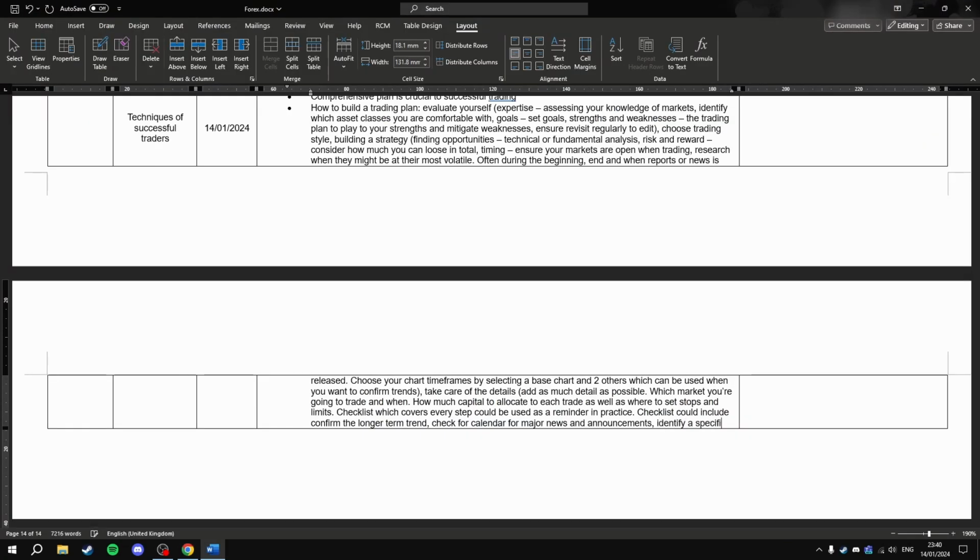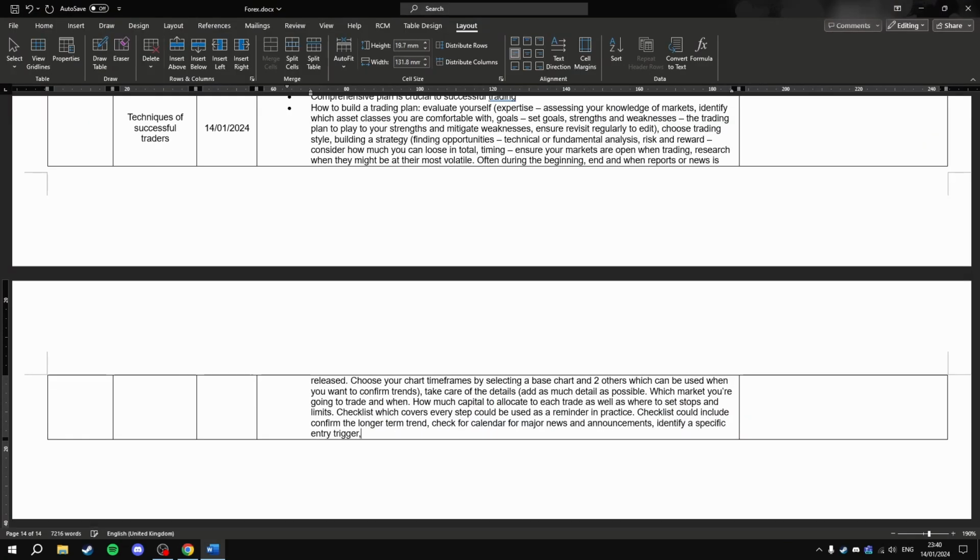Identify a specific entry trigger. Ensure the risk/reward ratio is appropriate and place trade.